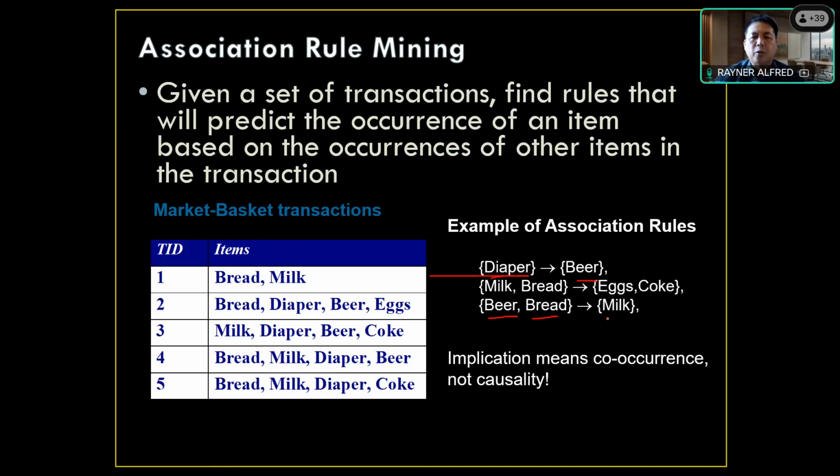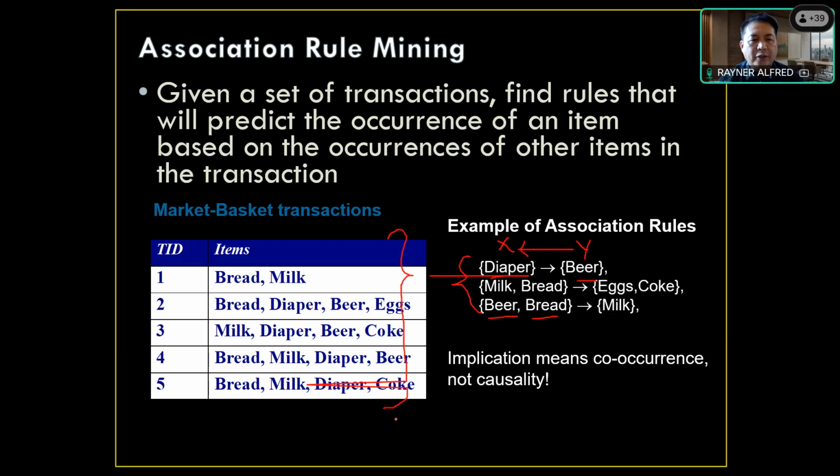Okay, so we have what we call X and Y here. So Y is dependent on the X that we have. So this can be derived based on your market basket analysis. So this is market basket transaction where you do not have equal number of item per transaction.